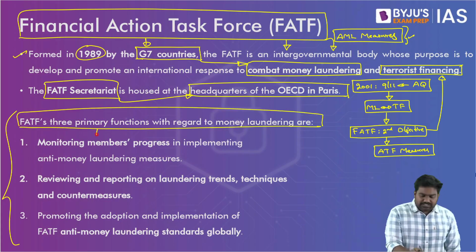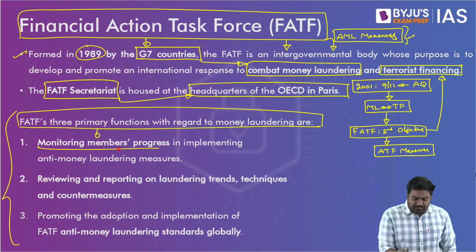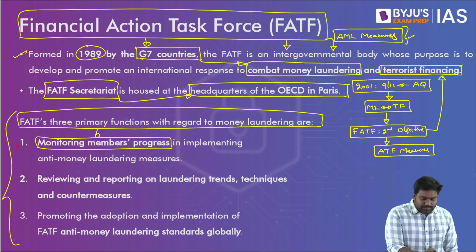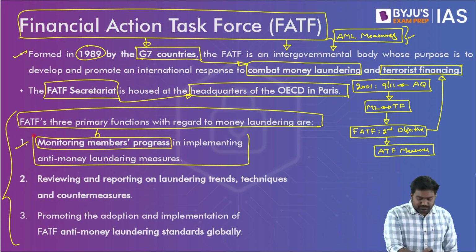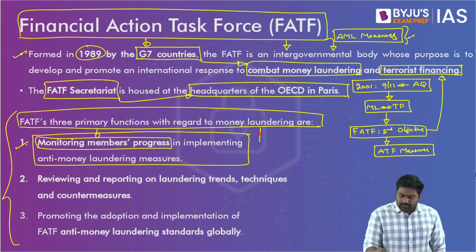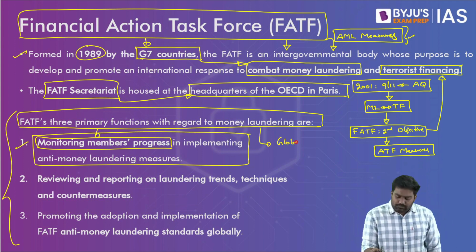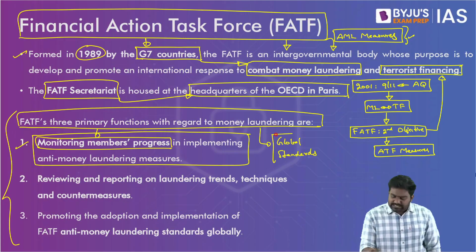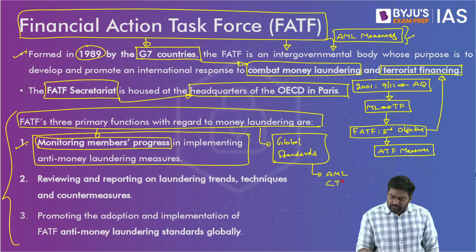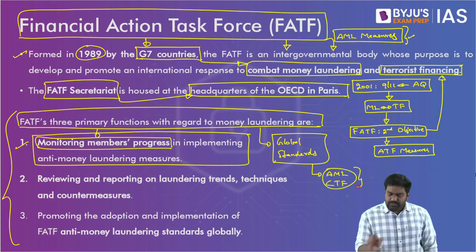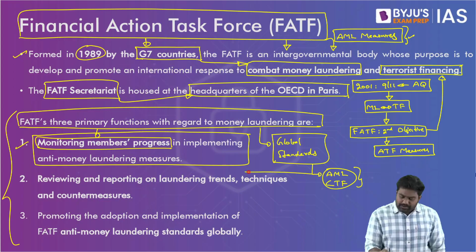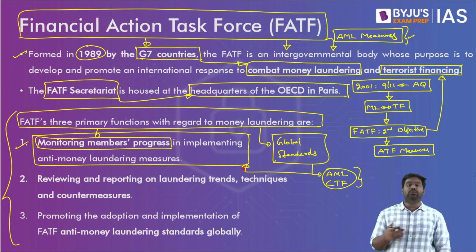So as part of this mandate, FATF monitors whether the member countries are following the global standards laid out by FATF. It brings out a set of standards for anti-money laundering and counter-terrorist financing. These measures have to be implemented by countries and jurisdictions around the world.